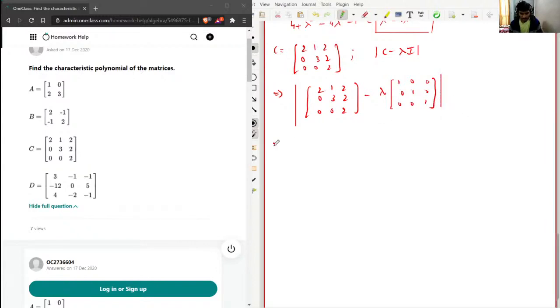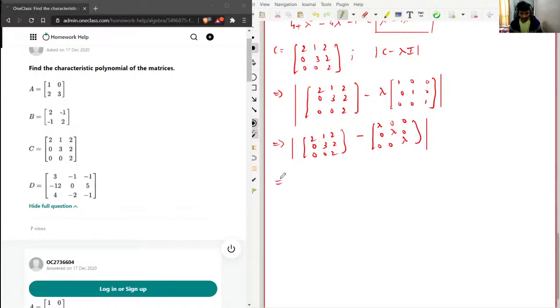Now again I'm going to write 2, 1, 2, 0, 3, 2, 0, 0, 2 minus lambda, lambda, lambda on the diagonal and zeros elsewhere.